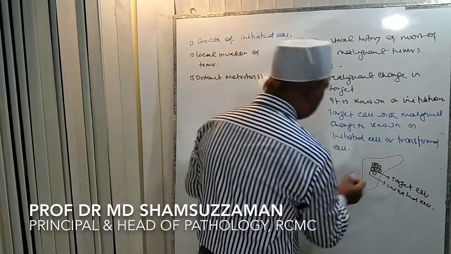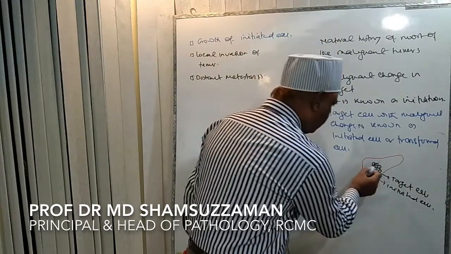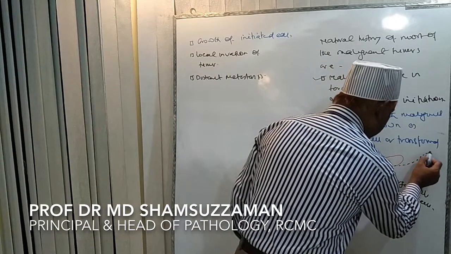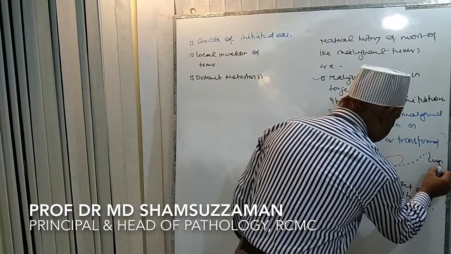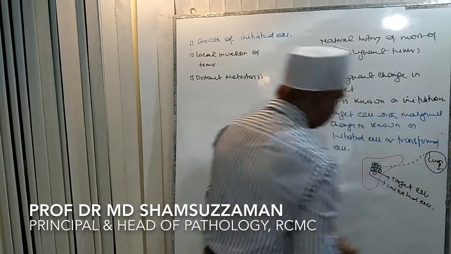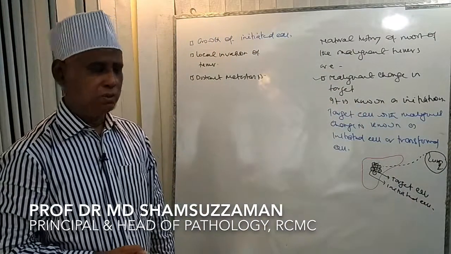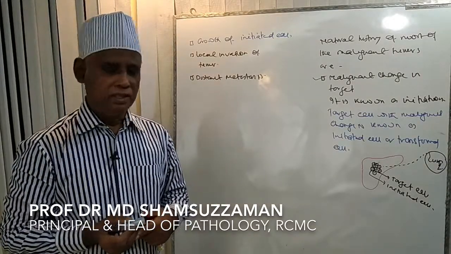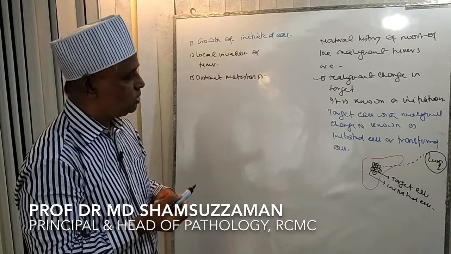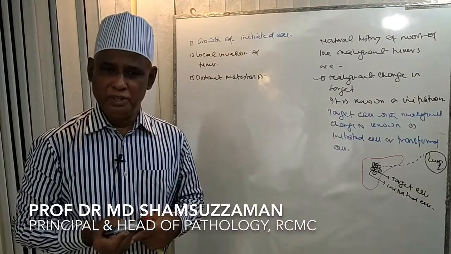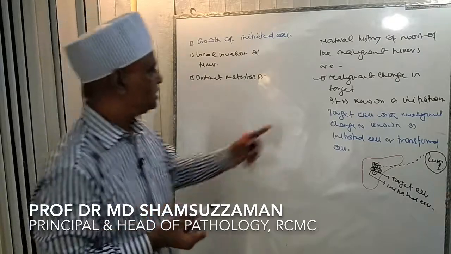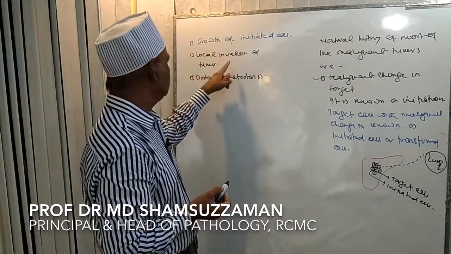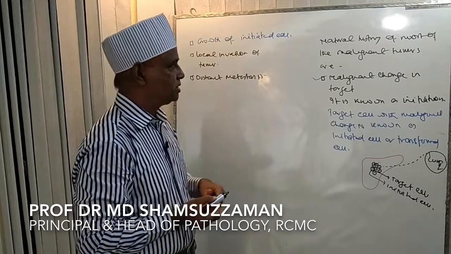The tumor cell invades locally, and this tumor cell or malignant cell goes to another organ like lung and makes a second tumor. This is known as metastasis. This is the natural history of most of the malignant tumors, and this is biology of tumor growth. It includes malignant change in target cell, growth of initiated cell, local invasion, and distant metastasis.